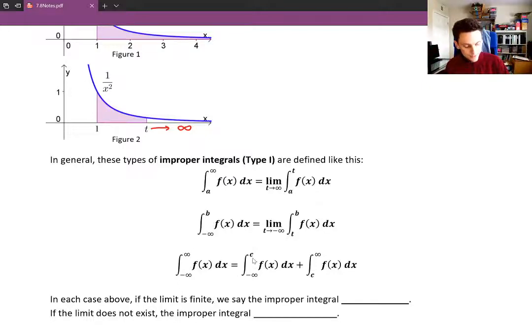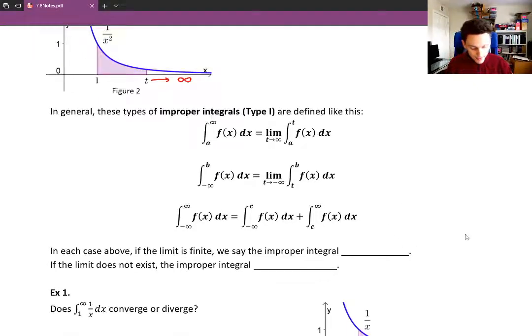So from negative infinity to c, where c is just some finite number that we picked. Could be 0, most of the time we'll use that for convenience, but it could also be like 2 or 10 or negative 15. And then you'll take the integral from negative infinity to c of f of x dx plus the integral from c to infinity of f of x dx. So that'll get both the left side and the right side.